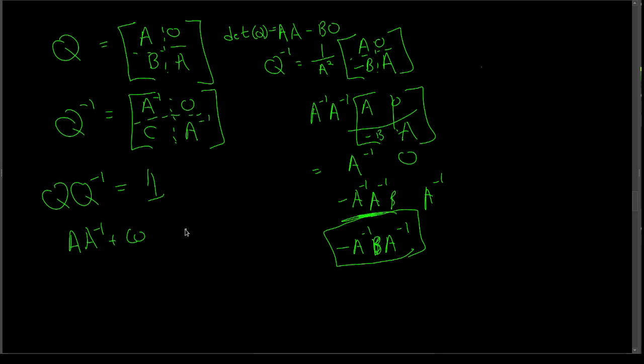And then for the second element, it's going to be A times 0 plus 0 times A inverse.